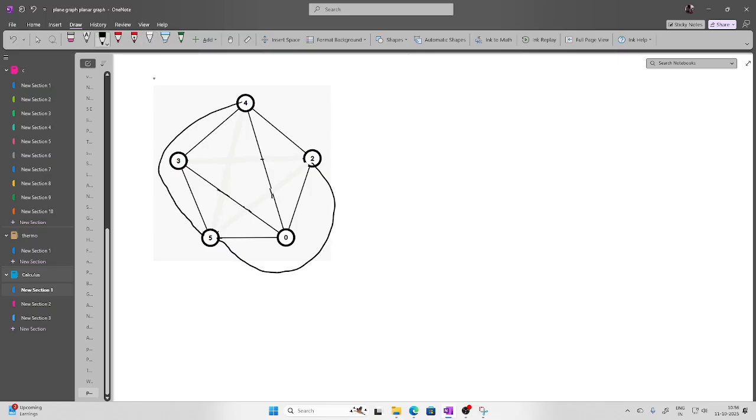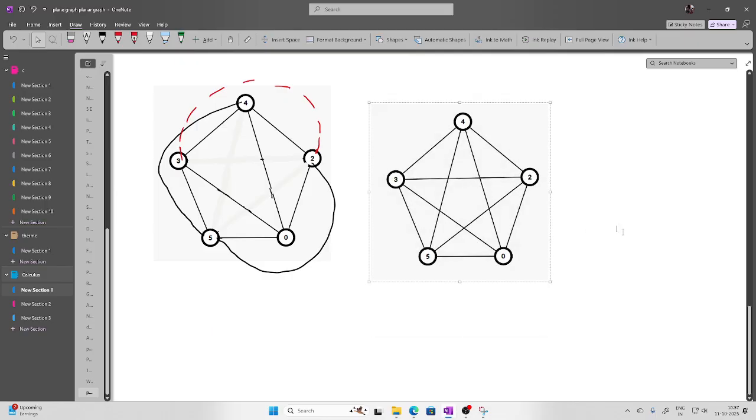So if I draw it from outside, look what I have to do. I have to cross this line. And if I have to cross this line, that means I'm not in a position to draw this graph on a plane. And hence, the original graph, what was the original graph? This one is not a planar graph.